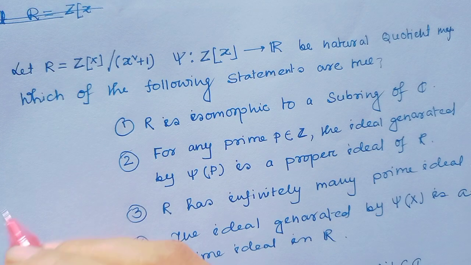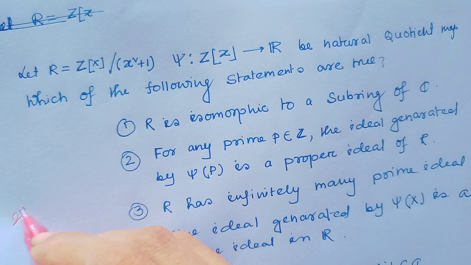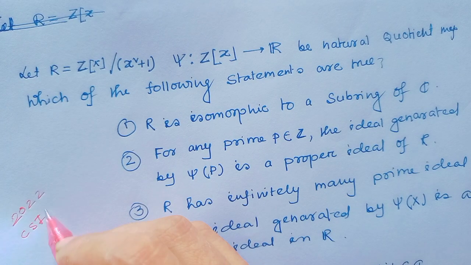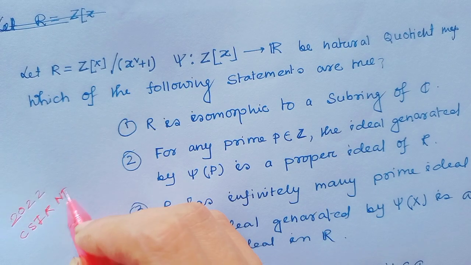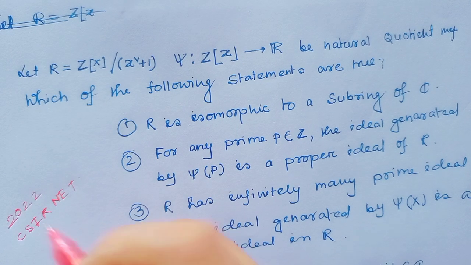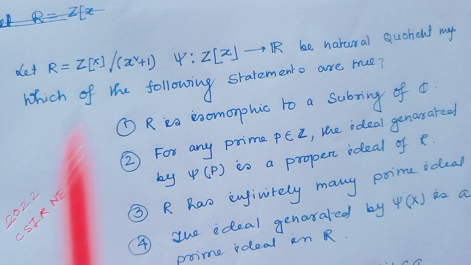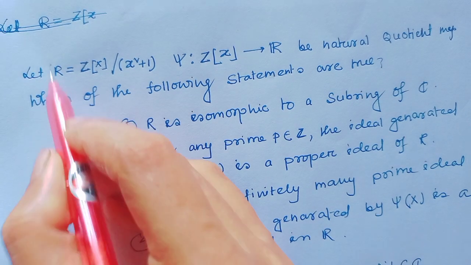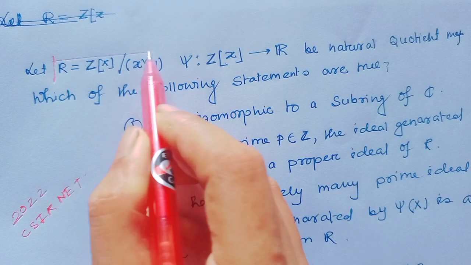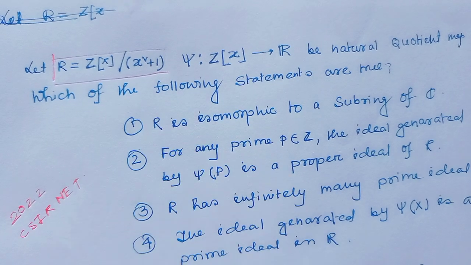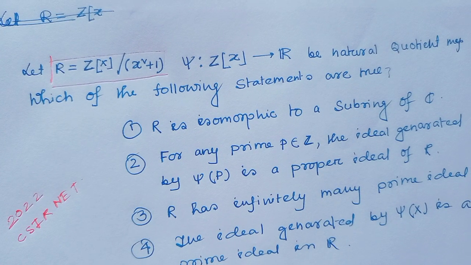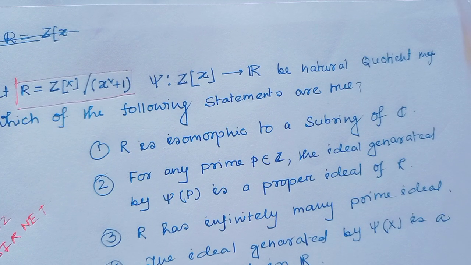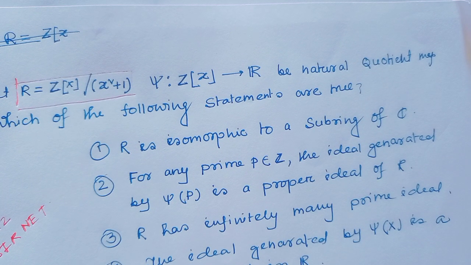Now I will see one question which came in the 2020 CSIR NET. The question is very conceptual. Here the ring is Z[x] modulo the ideal generated by x square plus 1, and the mapping psi from Z[x] to R is the natural quotient map.